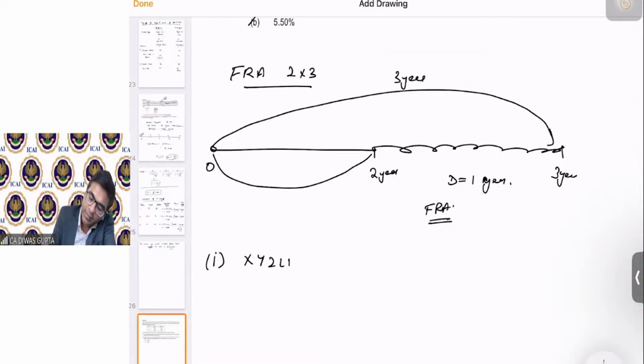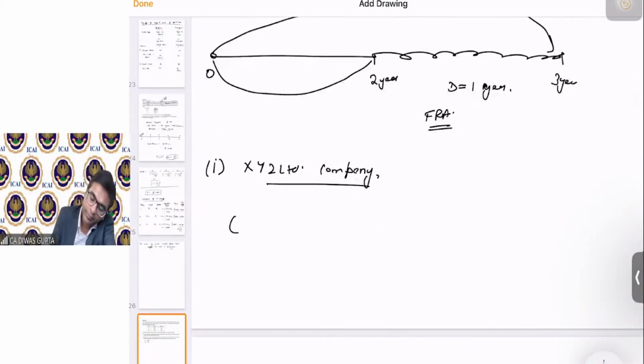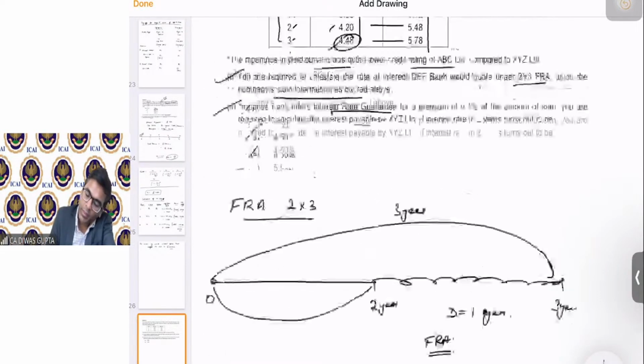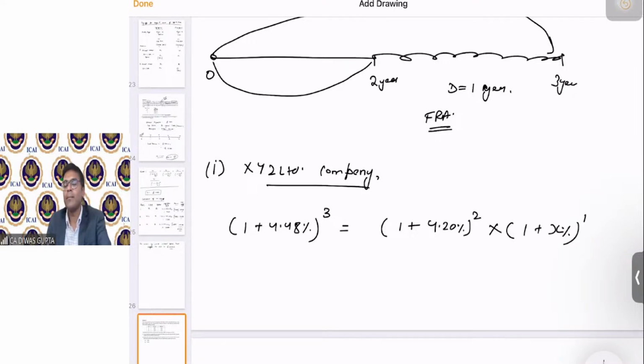For XYZ Limited company, the FRA will be valued as, what is the 3 year rate, students? 4.48 raised to the power 3 is equal to, what is the 2 years rate, students? 4.2% raised to the power 2 multiplied by 1 plus x percentage raised to the power 1.